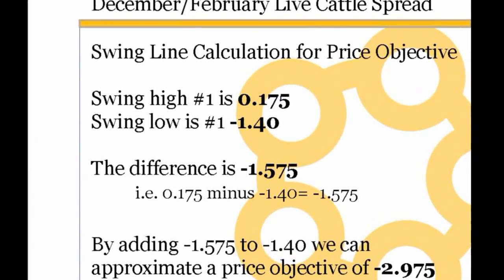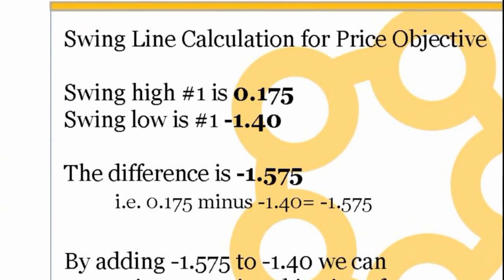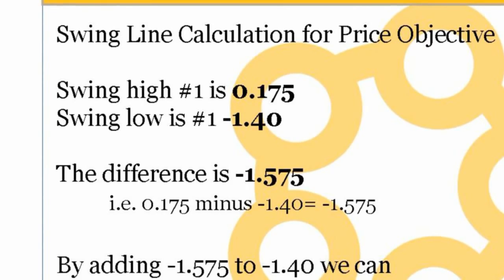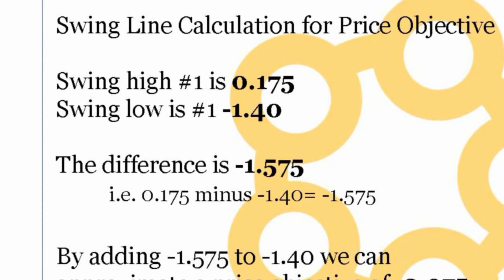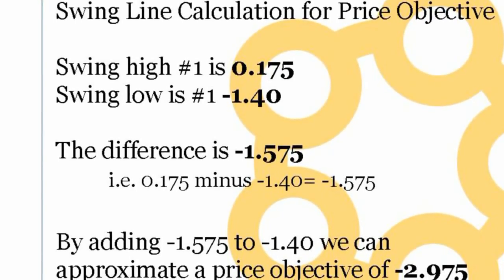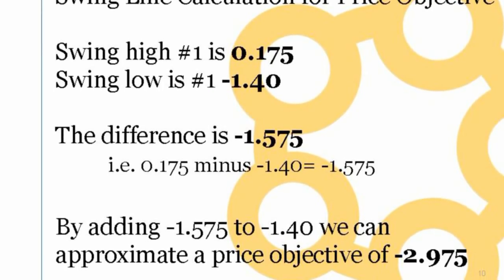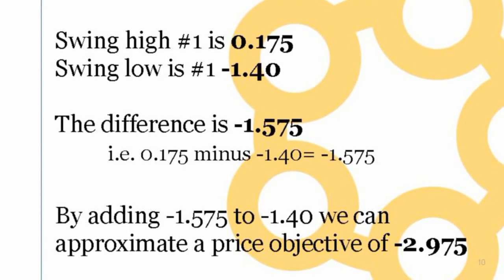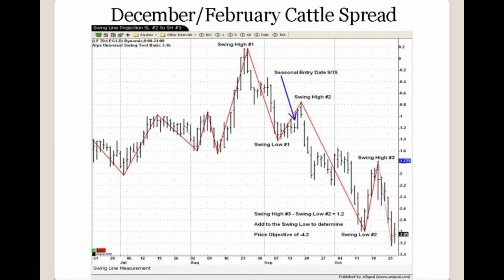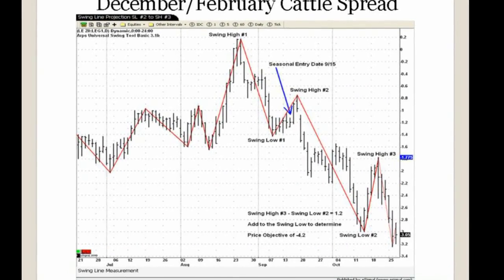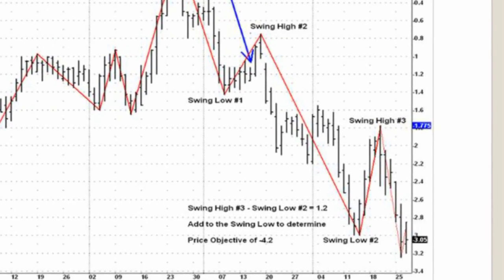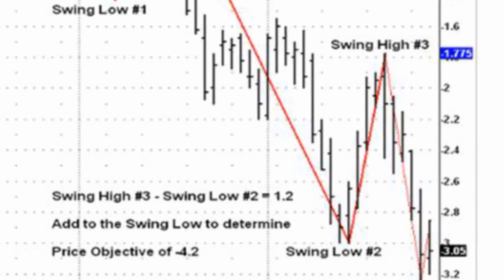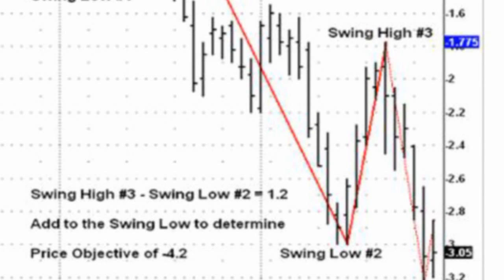This time frame used the dominant swing lines, reversals, and price projection, which again confirms our trading method and offered another profit opportunity of around $400 while still acting within the seasonal time frame for this spread to widen in price. Our next trigger to enter this trade occurred on October 20th, identified as swing high number 3, again with a reversal.